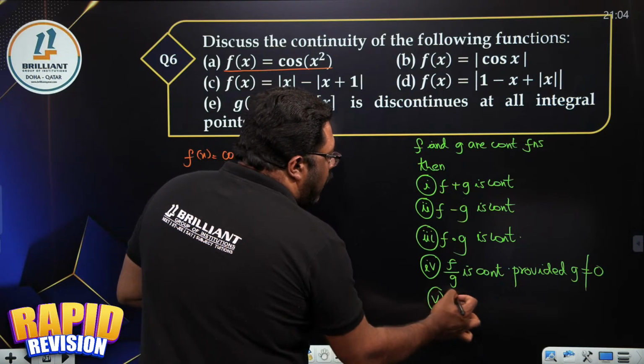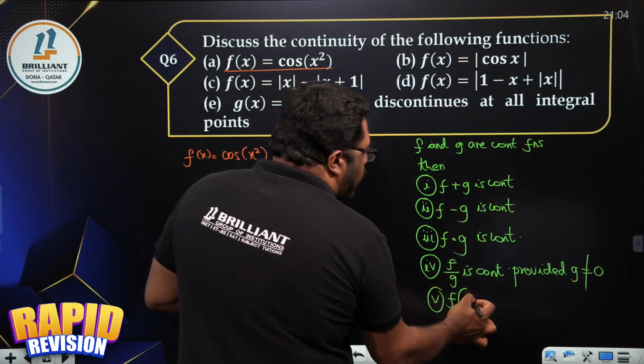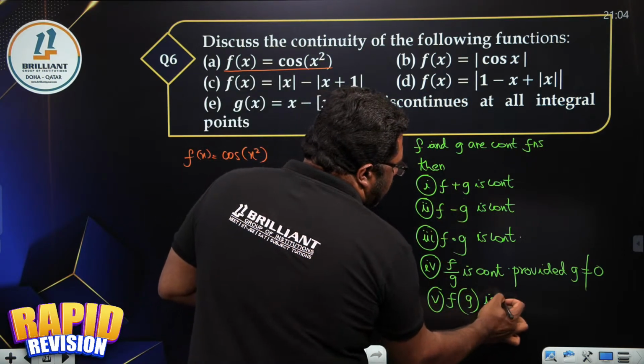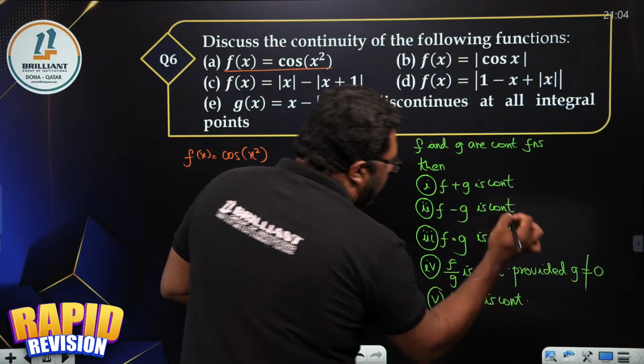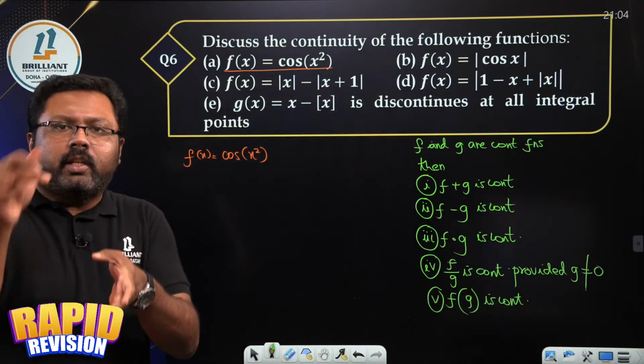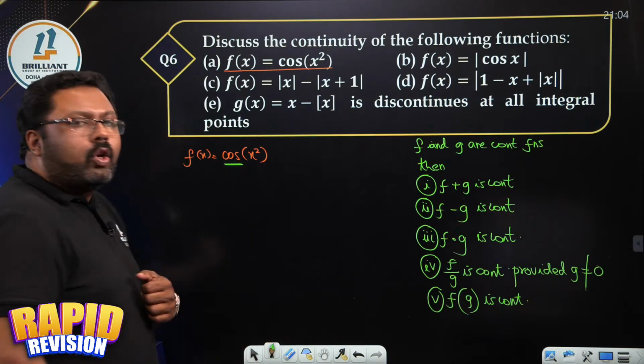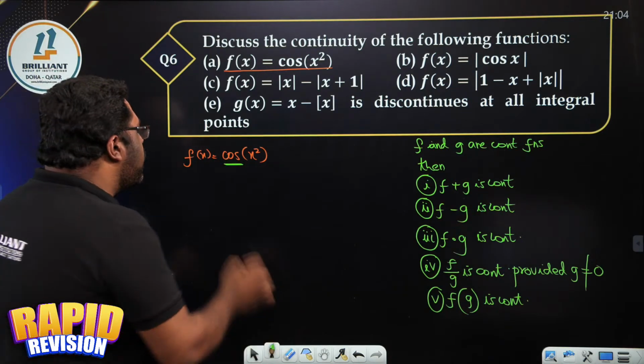The last one, if I put a continuous function inside another continuous function, it is continuous. I am putting one continuous function inside another continuous function. Look at cos. Cos is a trigonometric function which is continuous.